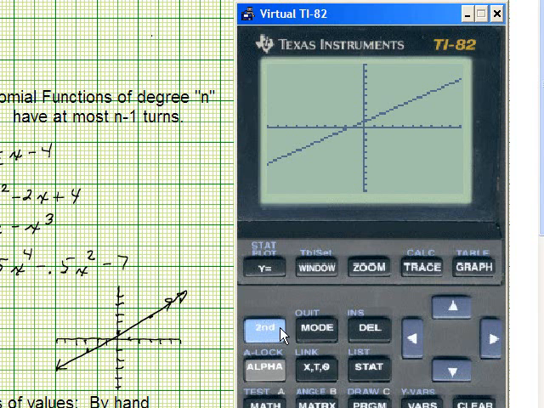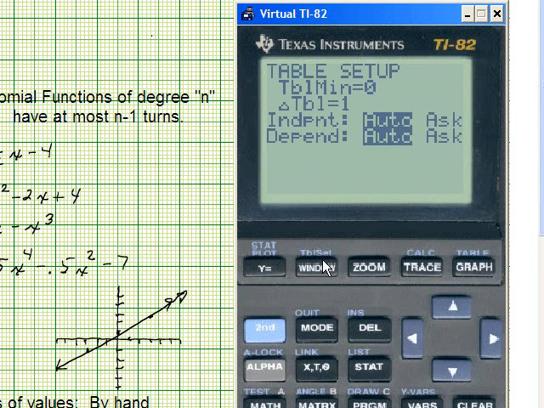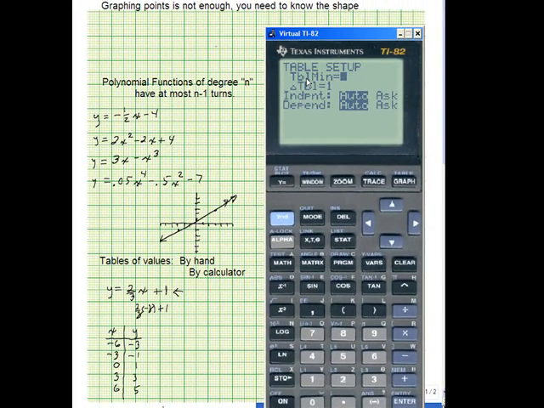So I'm going to hit second window, and that brings up my table setup. It says at the top table setup. Then it comes down and says table minimum. What number is going to be the smallest number in your table? Well, in the table that we set up, our smallest x value was -6. So for table minimum, I'm going to put -6. Then there's this funny little sign.